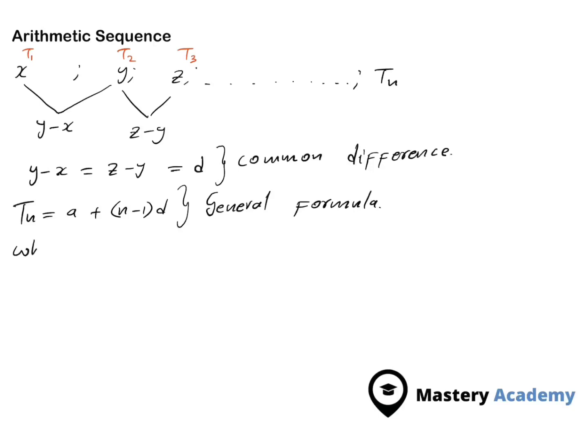So now let me explain to you what each of these letters really mean. So I'm going to start with A. A is also known as T1, which is term number 1. It is the first term of the sequence.